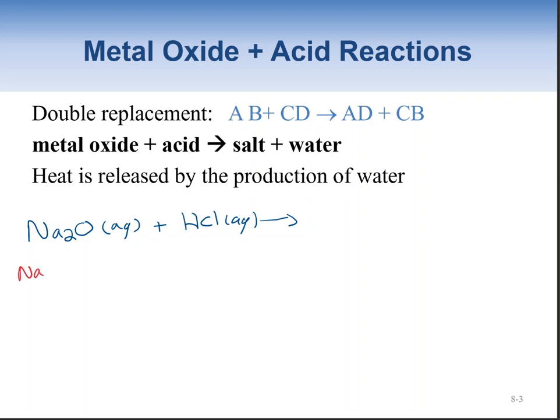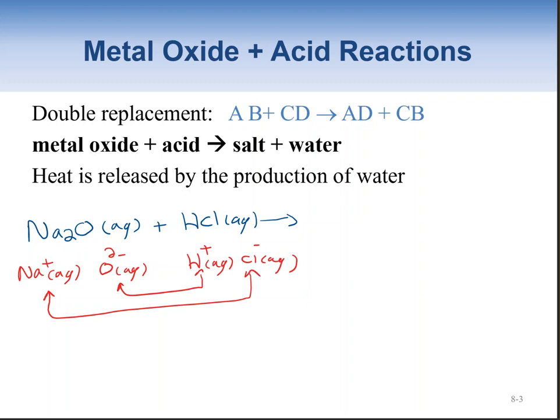I'm going to identify my cations and anions, and once I know what ions are available, then I'm going to swap the cations and anions. So from here, I would expect to get sodium chloride, which is soluble in water, and H2O.